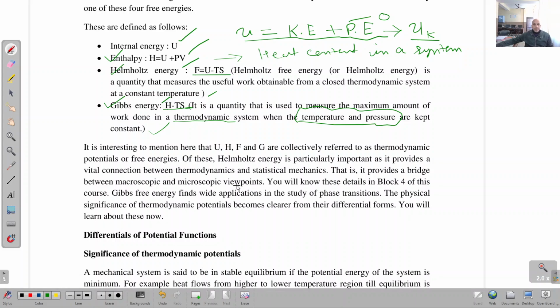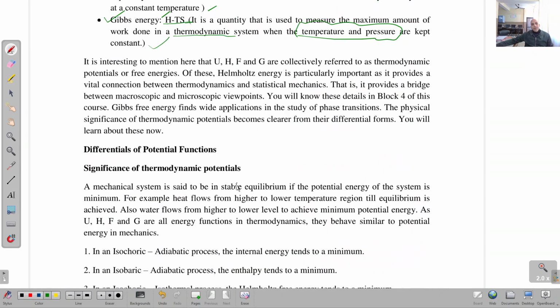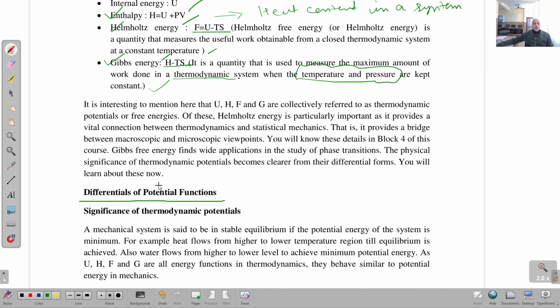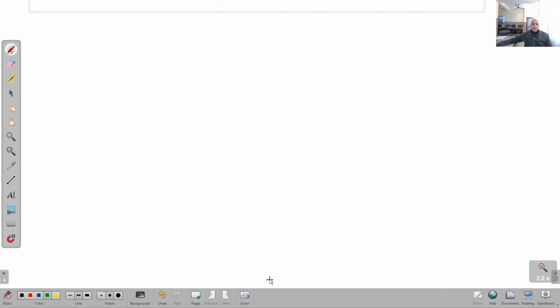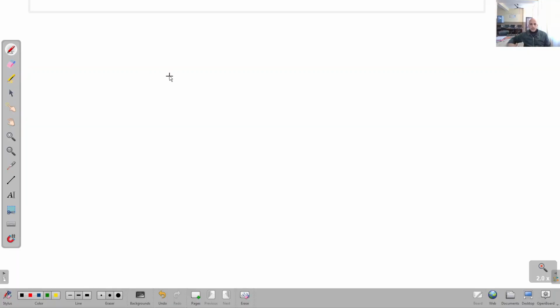Now we are going further and we are making the differential form of these four thermodynamic potentials. I am coming to the first one, that is internal energy.